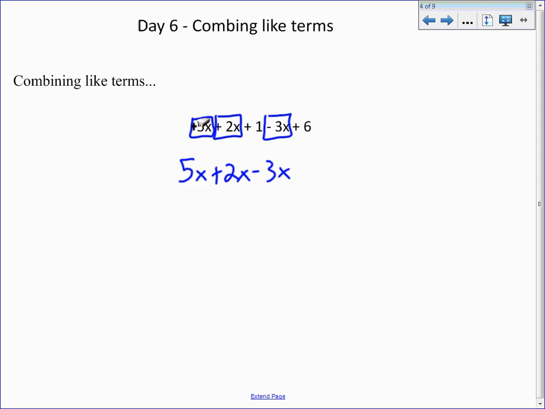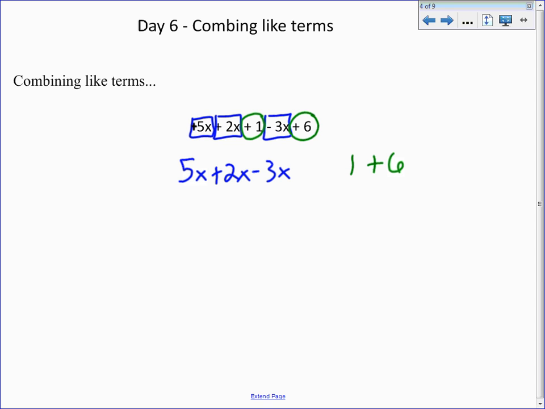Again, using the orange juice analogy, you have 5 glasses of orange juice, 2 glasses of orange juice, and then negative 3 glasses of orange juice here. And then we should also be able to see that we can take this plus 1 and this plus 6. Those are glasses of milk, and it's okay to combine the milk with the milk.